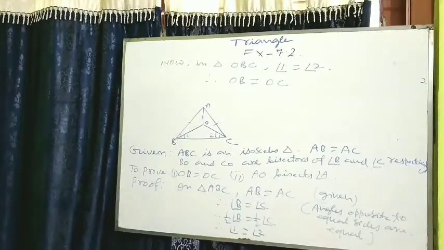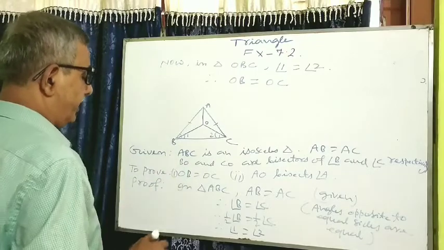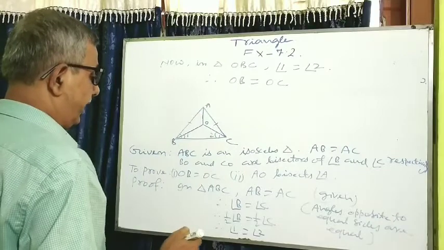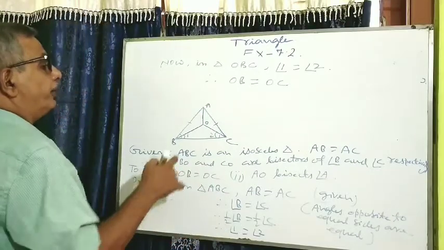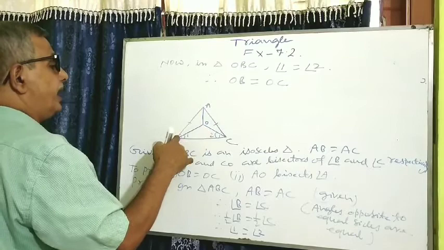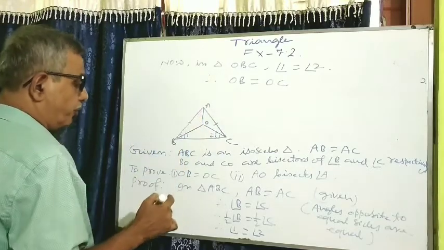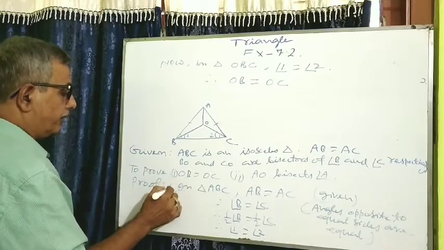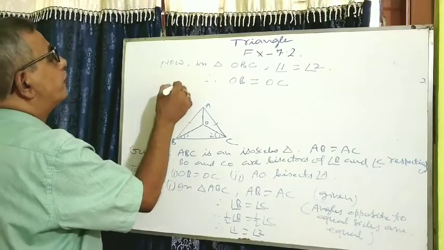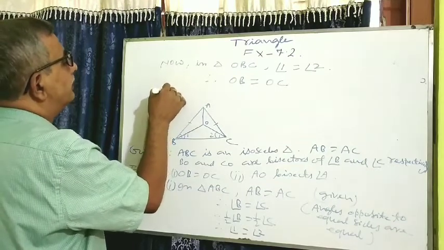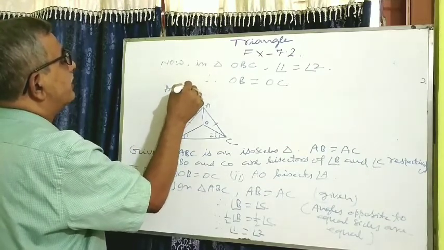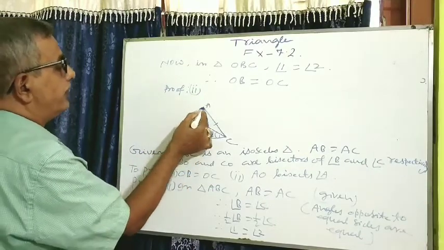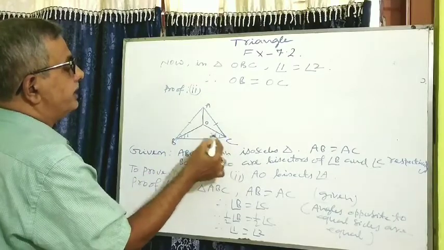My dear students, so one proof you got. Now what is the second proof? AO bisects angle A. Now in triangle ABO, this was proof 1. So you might have written here proof 1. Now proof 2 I am writing. In case of proof 2, how can you write? Here you see, you consider these two triangles. One is ABO and another is ACO.